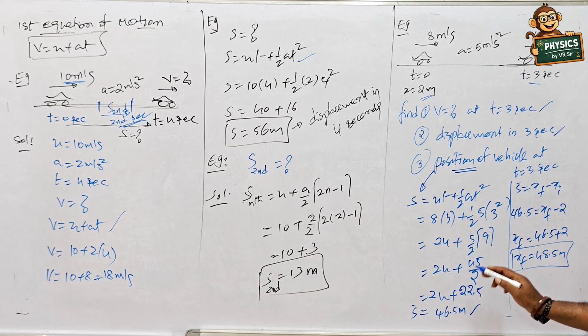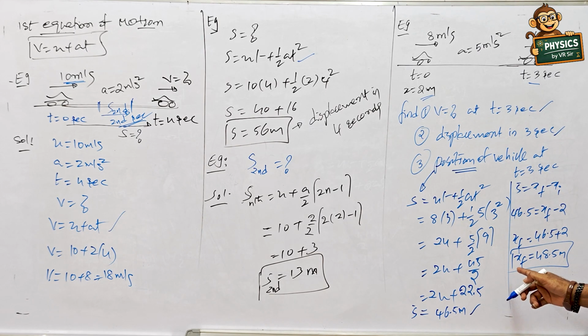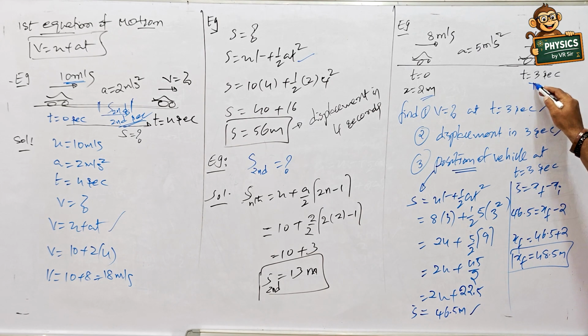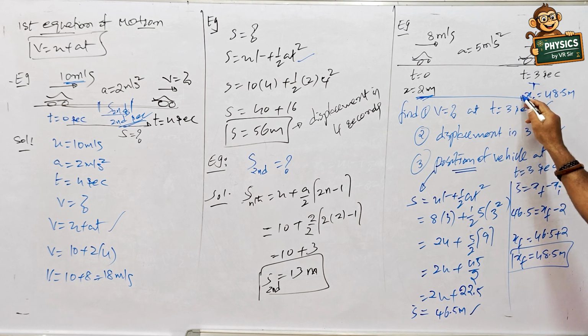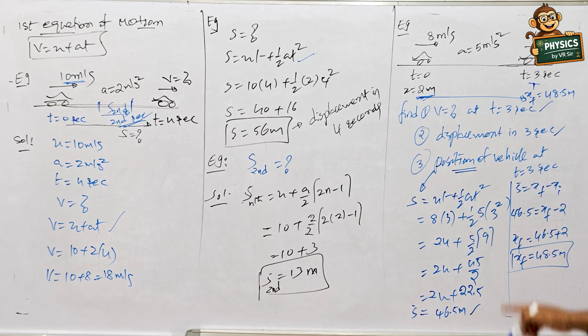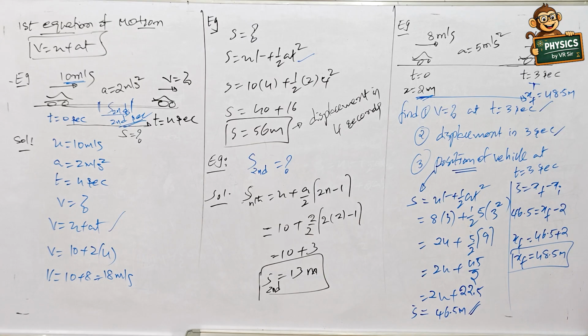So this is the position at t equivalent to 3 seconds. One thing we should observe here: final position is 48.5 meters, initial position is 2 meters, and the total displacement during the journey is 48.5 minus 2 meters, which is nothing but 46.5. So for this, we can use this formula. That is what I'm telling. Okay. Thank you.